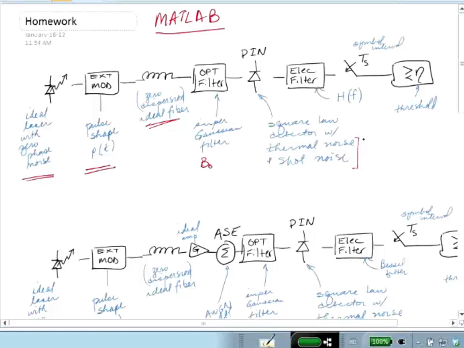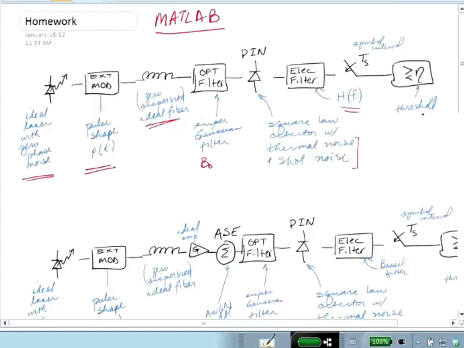The electrical filter will filter this noise, and in the homework we're also going to be playing with different pulse shapes and different filter shapes on the electrical filter. That's one of the things that will be varied in the main part of the homework set. Afterwards, we do a sampling at the symbol rate and then a threshold detection.